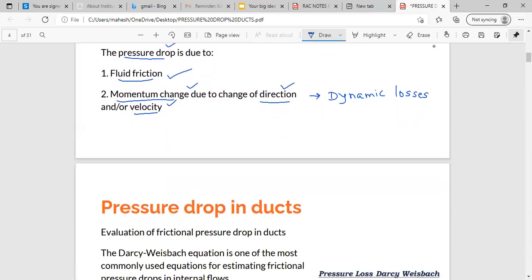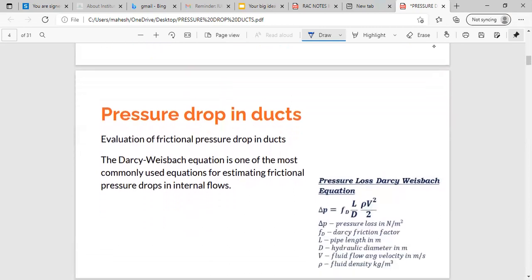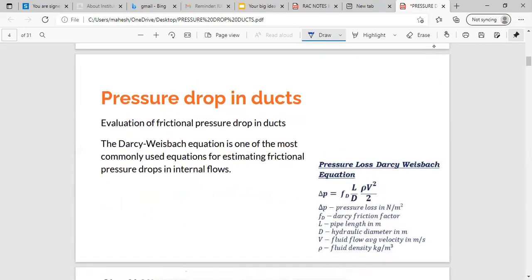Now, in order to calculate the friction, we know the very popular equation used in fluid mechanics, which is known as the Darcy-Weisbach equation. This equation helps us to calculate the frictional pressure drop in the ducts.